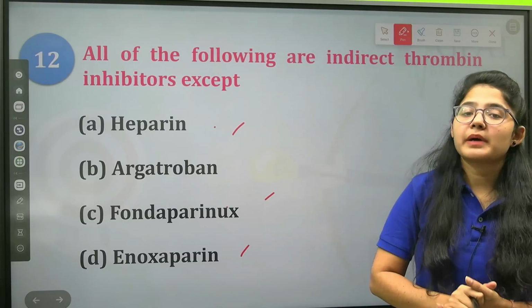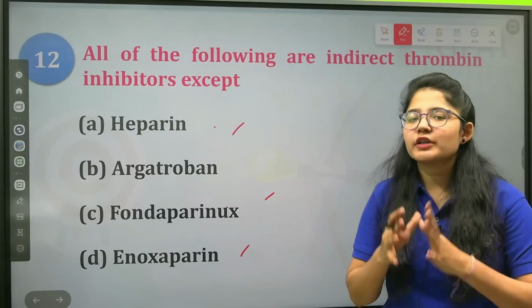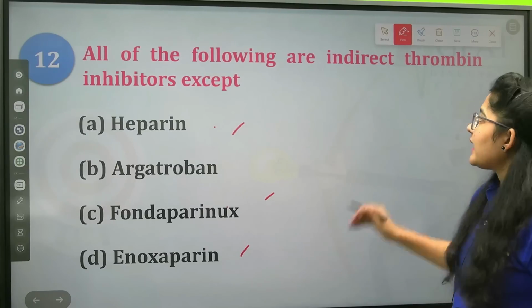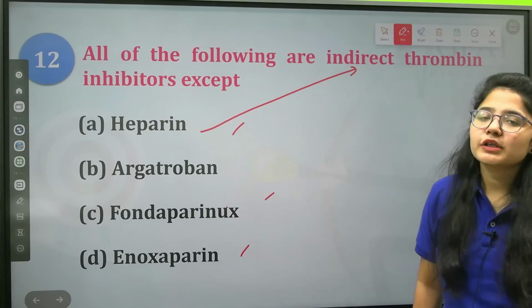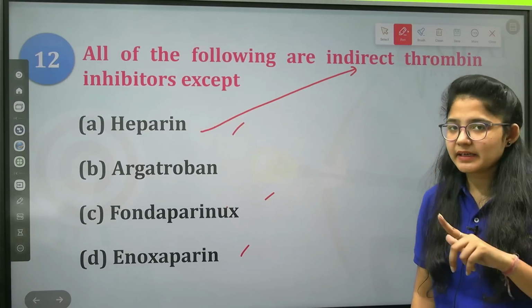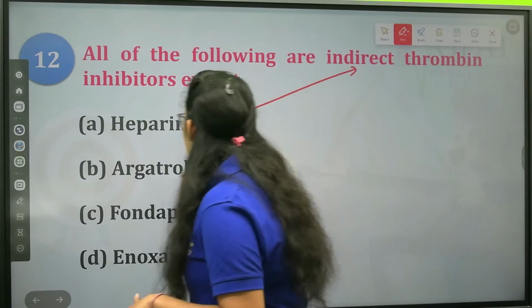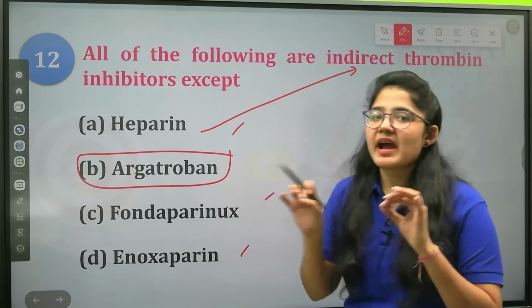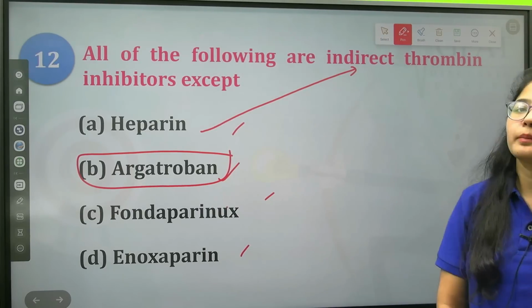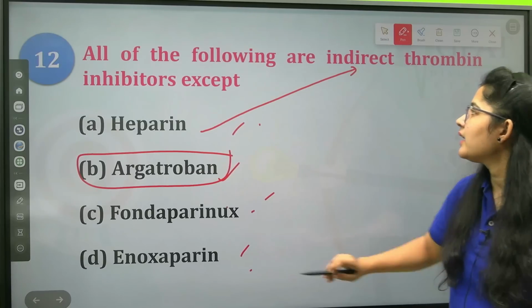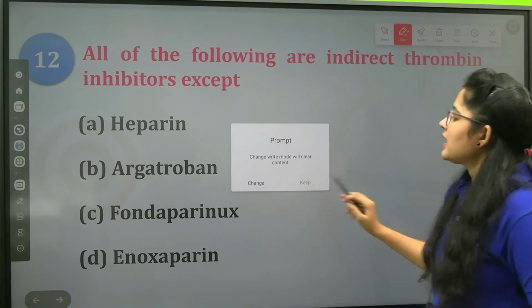Thrombin is a compound that is responsible for the clotting of your blood, and heparin doesn't act directly on thrombin, it acts indirectly, but argatroban acts directly on your thrombin. This is a direct thrombin inhibitor, and these three are indirect thrombin inhibitors.